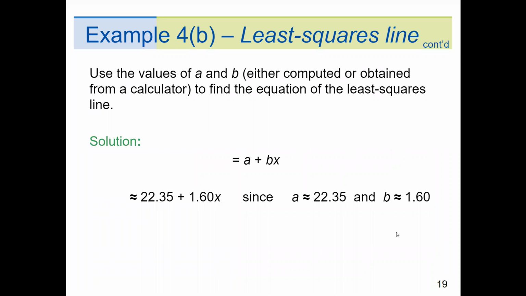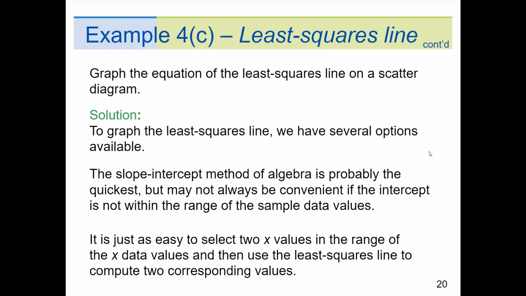Use the formulas for a and b, either computed or obtained from a calculator, to find the equation of the least squares line. So y hat is going to equal 22.35 plus 1.60x, since a is about 22.35 and b is about 1.60. You could have used either.